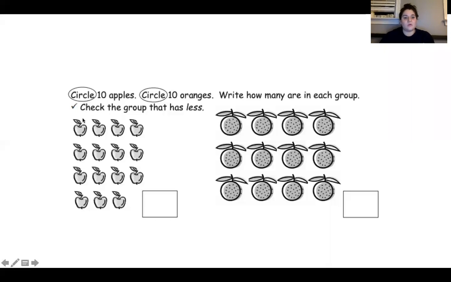Count with me. 1, 2, 3, 4, 5, 6, 7, 8, 9, 10. I am going to circle that group of 10. Let's count the leftovers. 1, 2, 3, 4, 5 leftovers. That means we have 10, 5, 15.